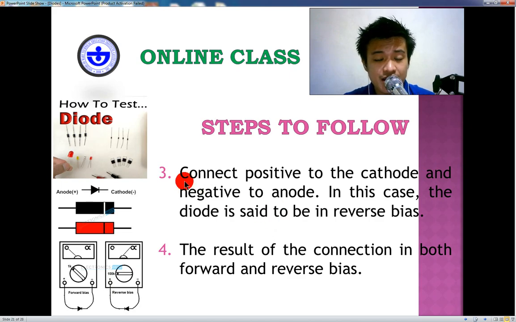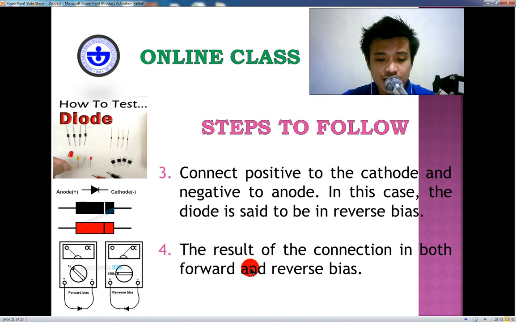So again, the first step is to set your multimeter to low resistance, and I suggest times 10. The second is to connect your diode to your multimeter in forward bias. The third is to connect your diode in reverse bias.